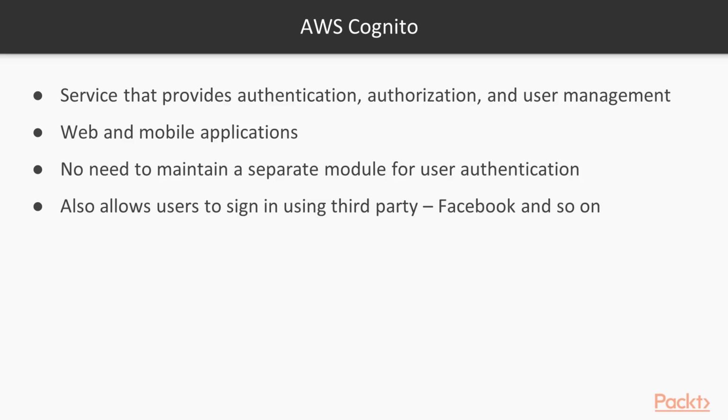So you can allow users to sign up and then sign in, or you can even allow users to sign in using third-party identity providers. So for example, let's say you had a user who already has a Facebook account. You could allow the user to actually use that Facebook account details to sign into your application. So this is a great integration that can be done with third-party tools.